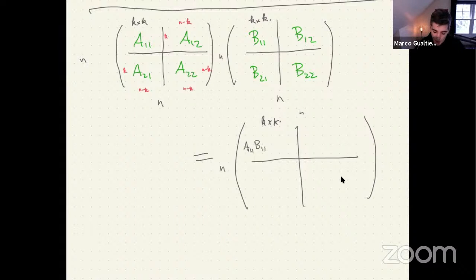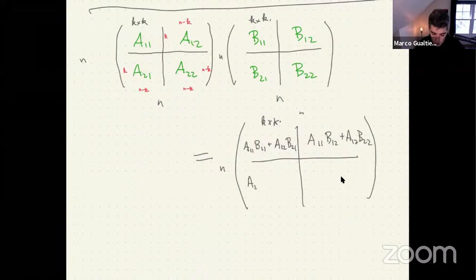But that will not be correct for what this upper block is, because as I said, that will only contain this part of the first row multiplied by this part of the first column. We also need this times this. And so that means that A12 multiplied by B21 must be the rest of the contribution. Similarly, we do A11 B12 plus A12 B22, and similarly for the others.